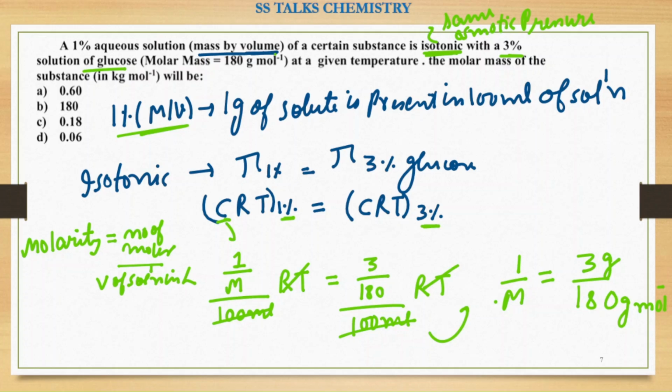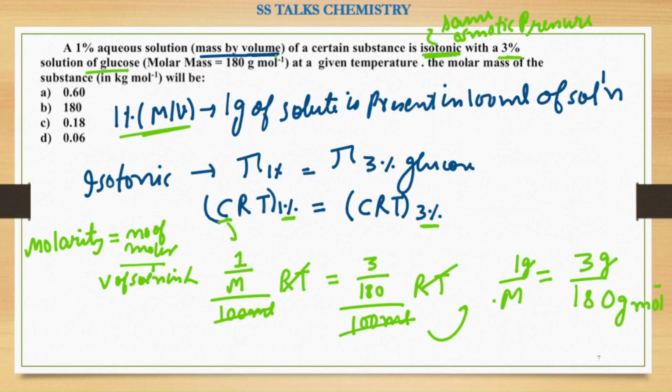And here the mass is 1 gram, so the gram cancels out. So we can find the molar mass, which is equal to 60 grams per mole. But we need the weight in kilograms per mole, so do the conversion by dividing by a factor of 1000.